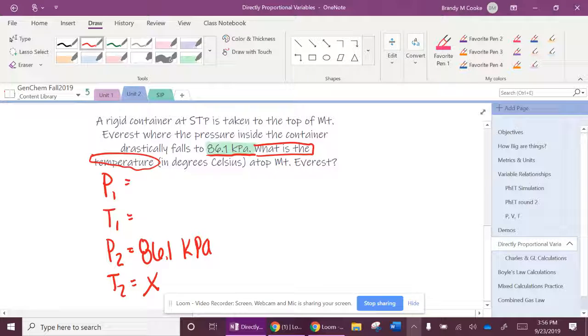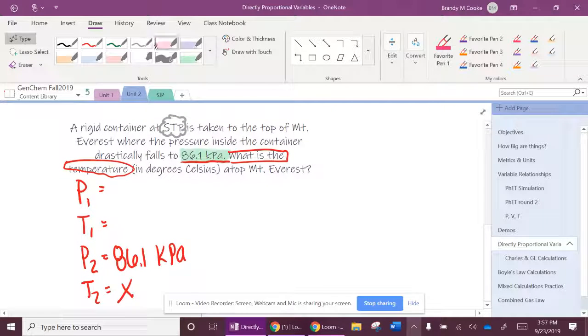And now everyone's like, well, I don't have any other numbers, so I don't know what to do. Well, you have to really read the question. And here it says a rigid container at STP. So sure, it doesn't give you numbers, but it tells you what the numbers are. And we know the STP values because we memorize them. For STP, our standard temperature is 0 degrees Celsius or 273 Kelvin.